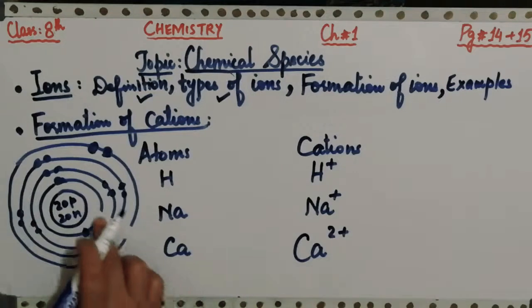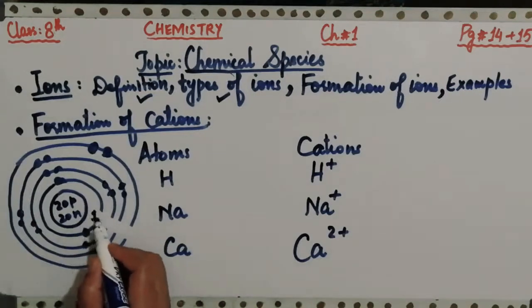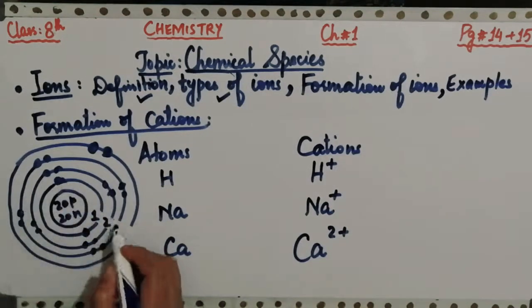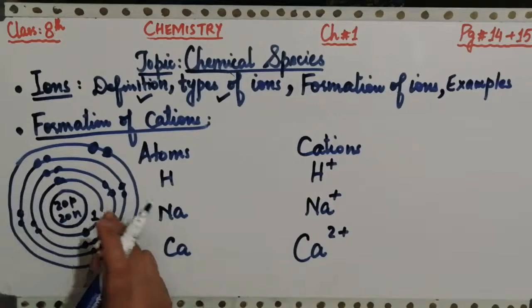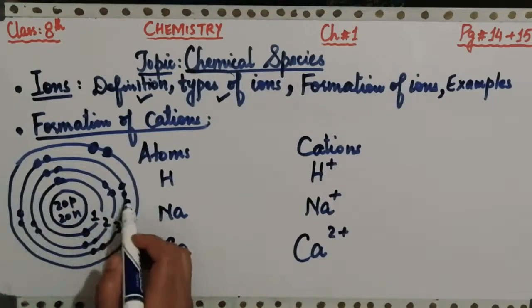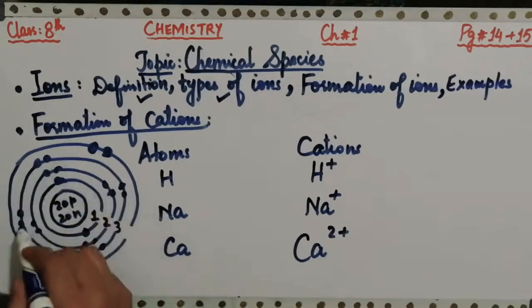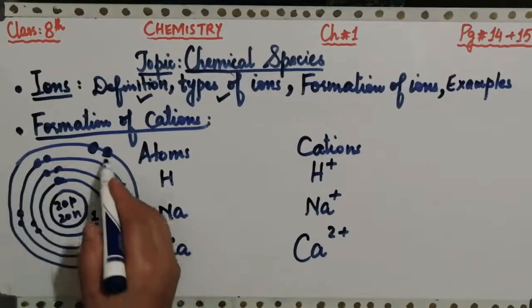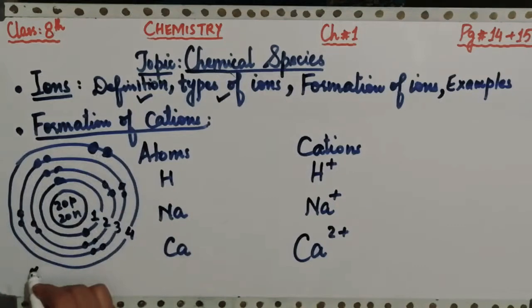So I am writing the number of shells here. The first shell contains 2 electrons, the second shell contains 8 electrons, and the third shell contains again 8. The fourth shell contains only 2 electrons. So the number of electrons present in different shells are 2, 8, 8, and the last shell contains 2.